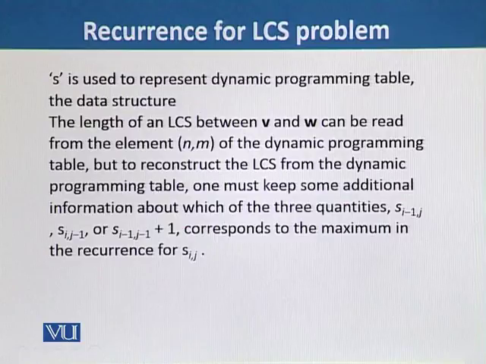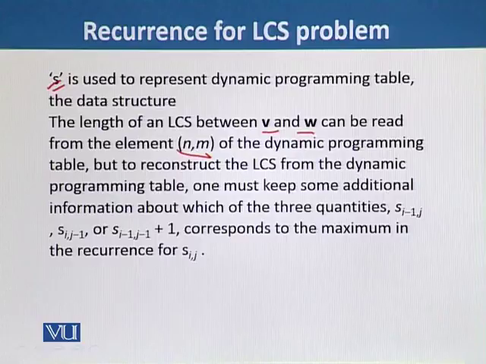So we can use S to represent the dynamic programming table, the data structure that we use to fill in the dynamic programming recurrence. The length of the LCS between V and W can be read from the element at position n, m of the dynamic programming table.